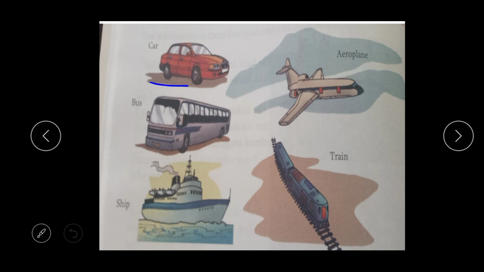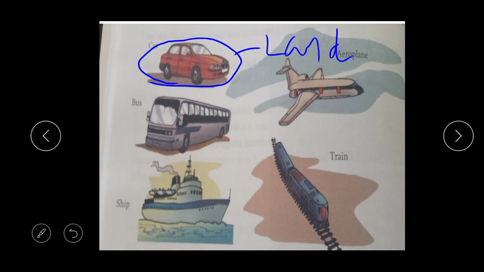So this is a car. A car is what? A vehicle under land transportation. We have a bus under land transportation. Ship is under what? Water transportation.